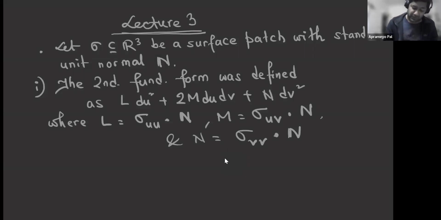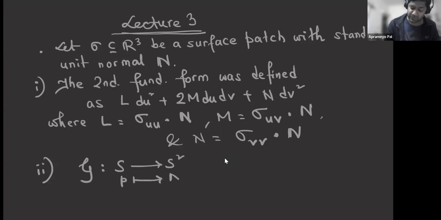Then what we saw, we defined some Gauss map which sends the points of S to the unit sphere, sending P to N_P.